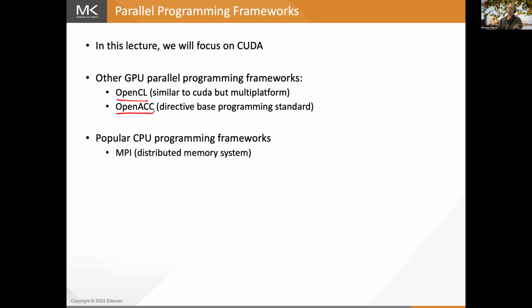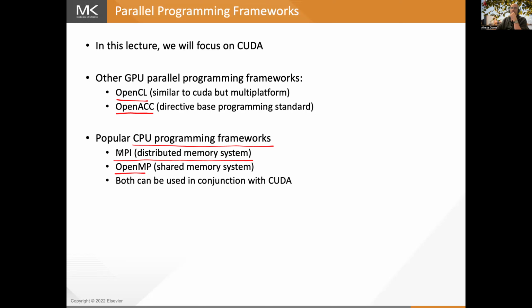Just to make sure that you are aware of, there are also some CPU parallel programming frameworks like MPI that we are going to talk about, I think, 2 weeks from now, and OpenMP that you already know about. But the important thing here to know is that both MPI and OpenMP can also be used with CUDA.